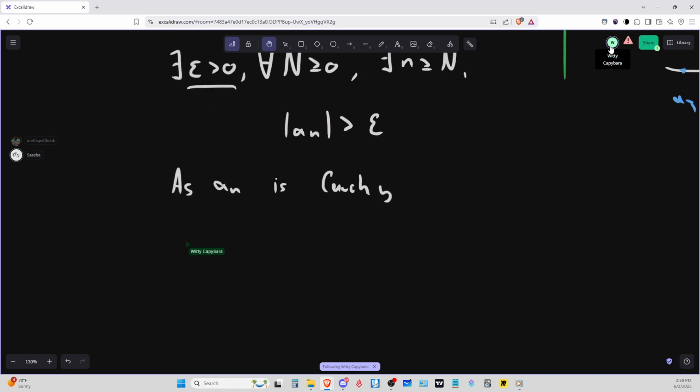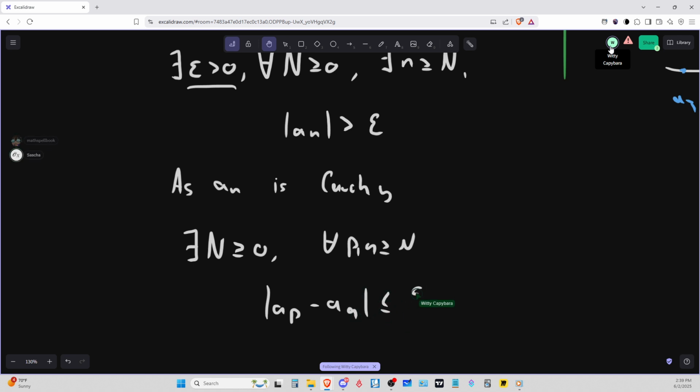As a_n is Cauchy, there will exist some rank, big N, bigger or equal to 0, such that for all P and Q bigger or equal to N, we have that the distance between a_P and a_Q is less than epsilon over two. Sorry, I always forget about P and Q.